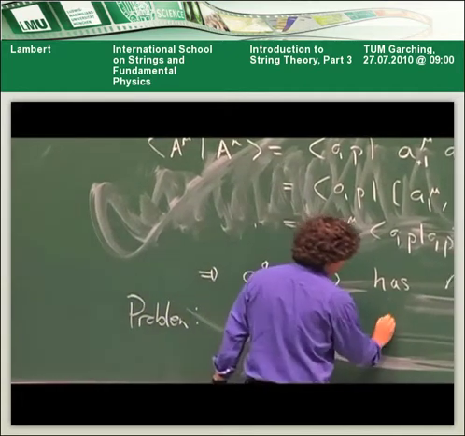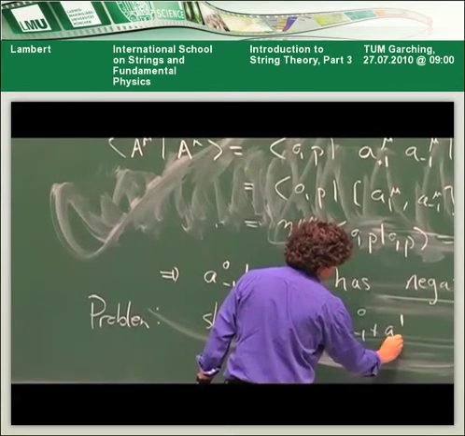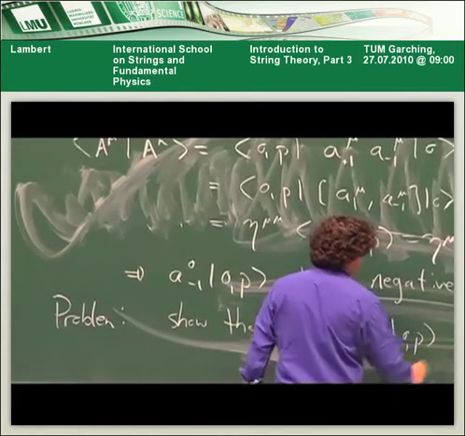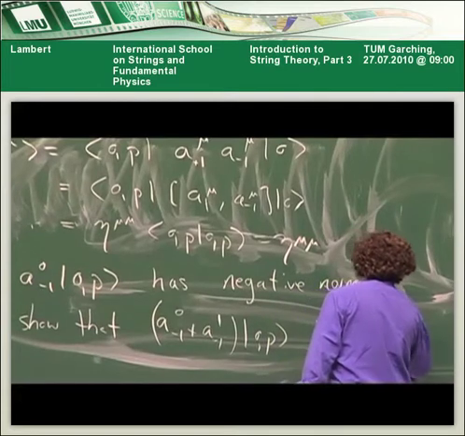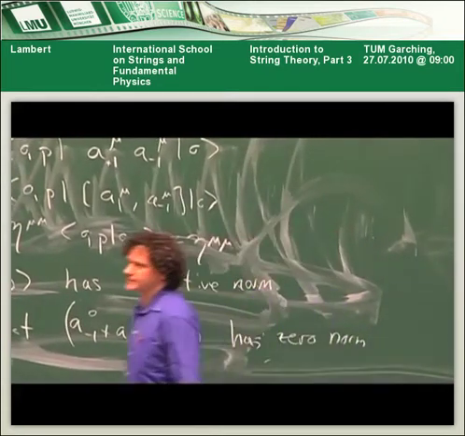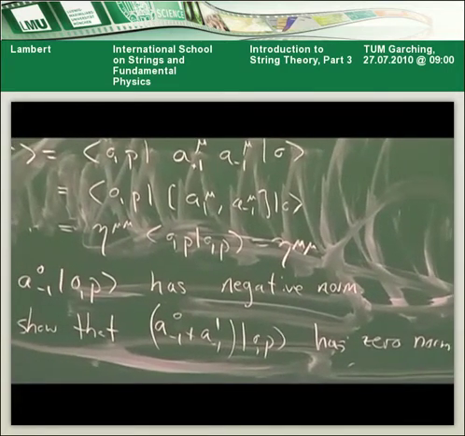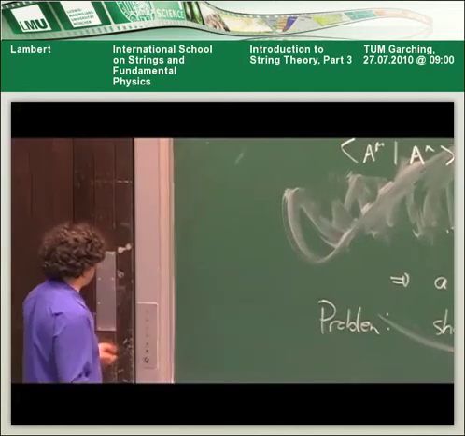Show that A0 minus 1 plus A1 minus 1 on the vacuum has 0 norm. So basically, the metric on the space of states is being inherited from the metric in space-time, and just like in space-time you have space-like, time-like and null, in the Fock space you have space-like, time-like and null.